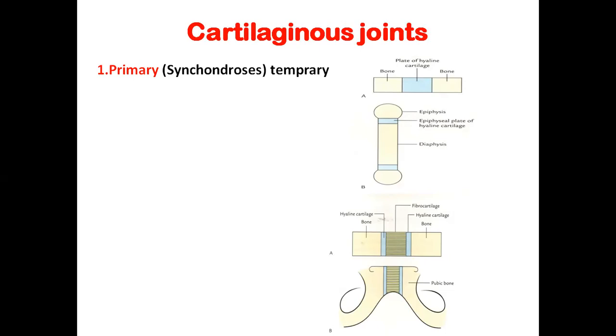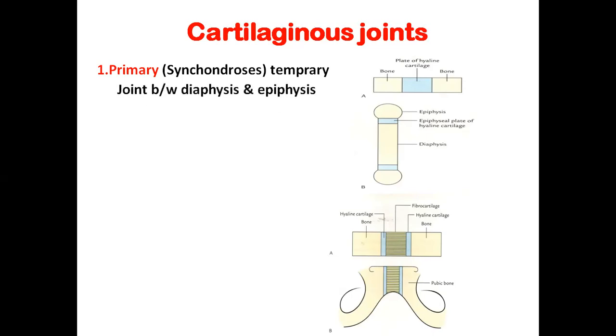And again, we divided the fibrous joints into the sutures, and the sutural joints were of various types, as we mentioned. Now, here we will discuss the cartilaginous joints in this slide.